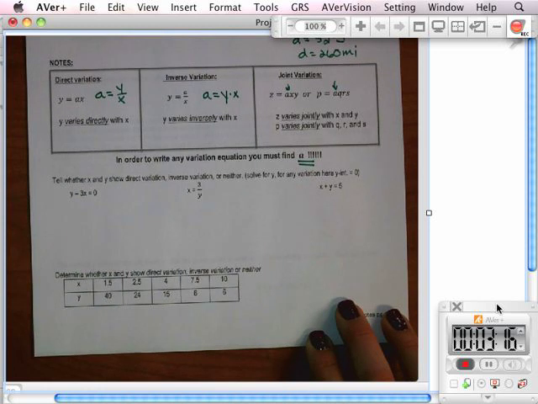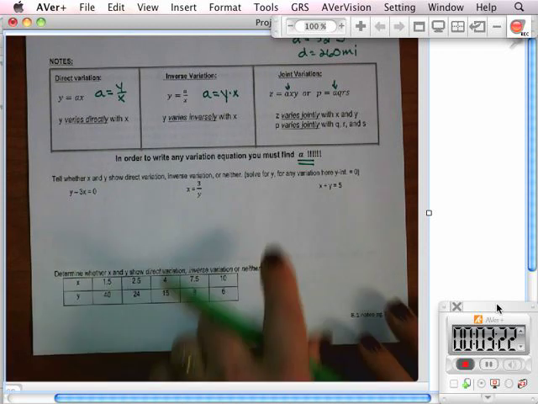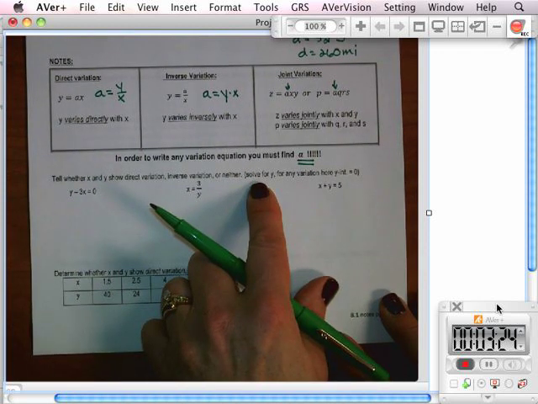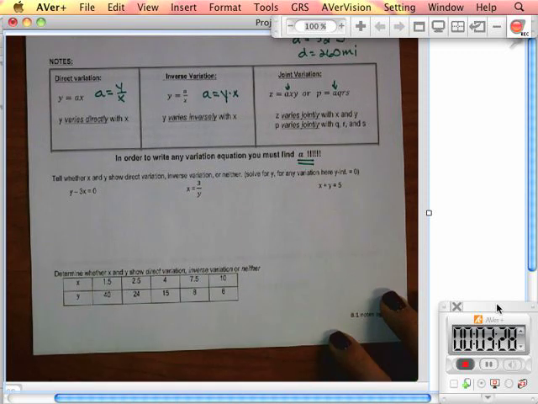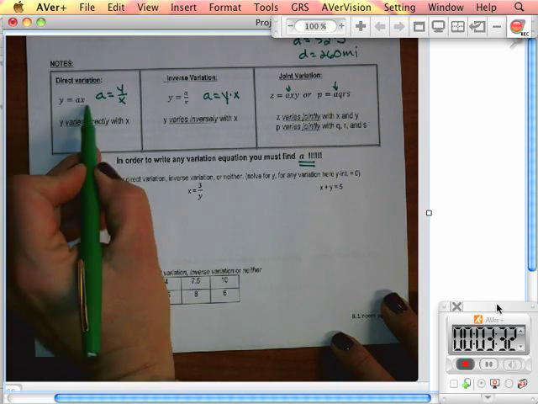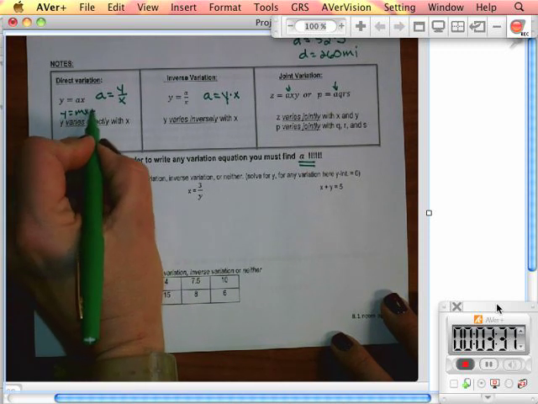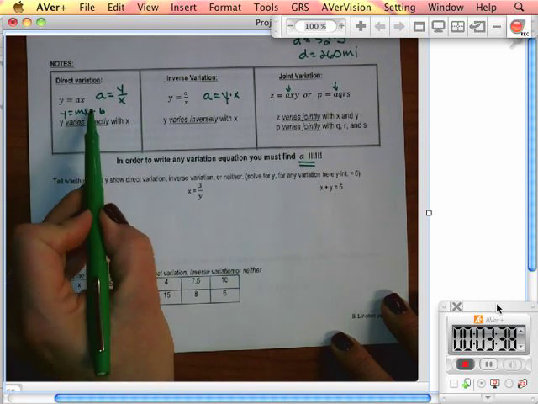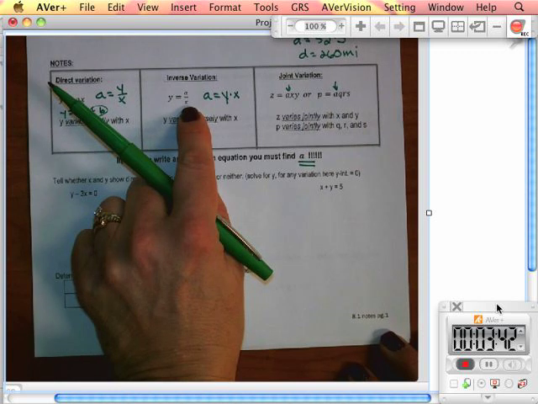So, tell whether x and y show direct variation, inverse variation, or neither. So you've got to solve for y. For any variation here, the y-intercept is 0. Is there a y-intercept on this equation? If you think of it like this, basically it's the same thing. There's no b, is there? No. Same with this. There's no b.